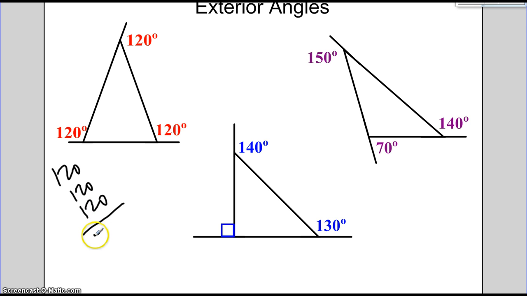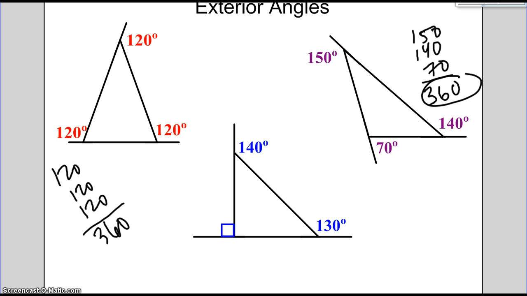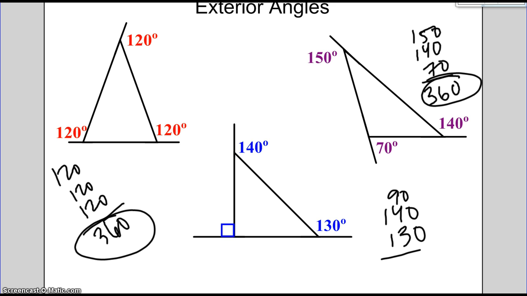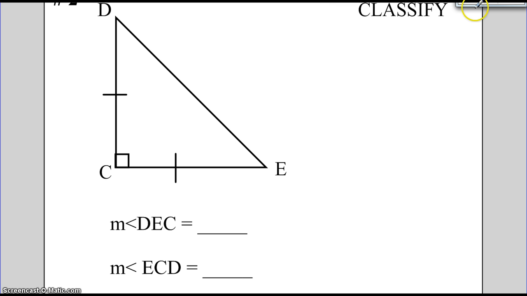That adds up to 360. 150, 140, 70 also adds up to 360. 360, 90, 140, 130 is 360. Just keep that in mind.